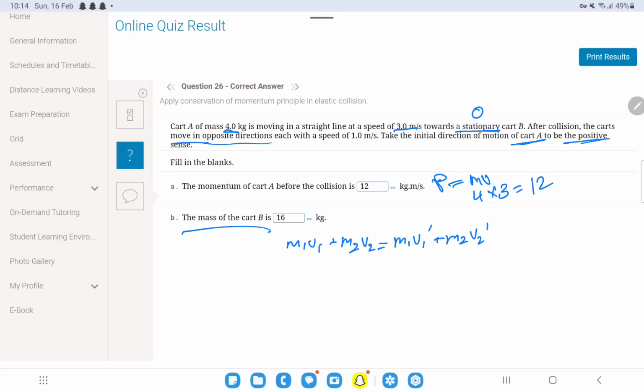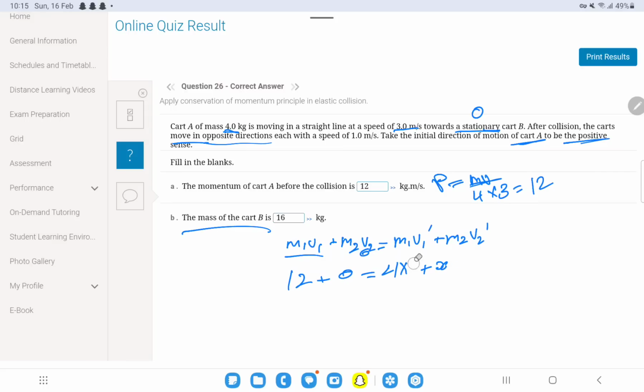So m1 v1, we already did it for part A, is 12, plus m2 v2, it's at rest, so the velocity is 0, so it's plus 0, equals m1 v1 prime, m1 being the 4 for cart A, and v1 after the collision is 1, plus m2 v2, m2 is x, and v2 is minus 1.